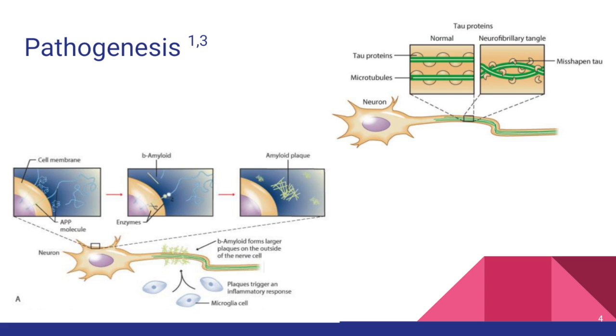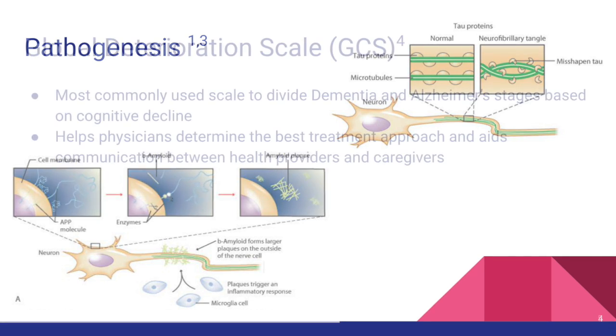Now it can't conduct properly, resulting in an accumulation of beta amyloid outside the cell. Normally, inside the cell, there are small microtubules and tau protein that helps to keep the axon straight and supported. However, in Alzheimer's, the tau protein is misshapen and it won't conduct information, which results in neurofibrillary tangles.